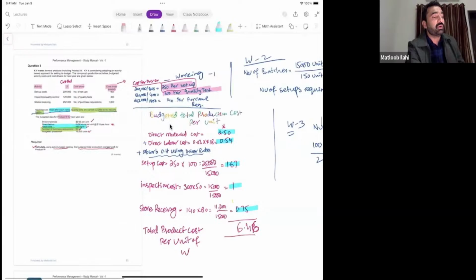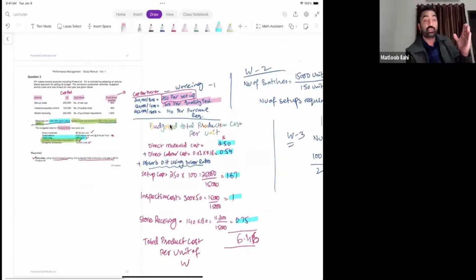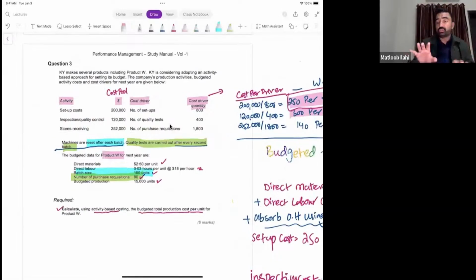So this is all about activity-based costing. I would recommend that you try this question again so you can have understanding. Please don't just write, do this in Excel, because in the exam you will need speed and accuracy.